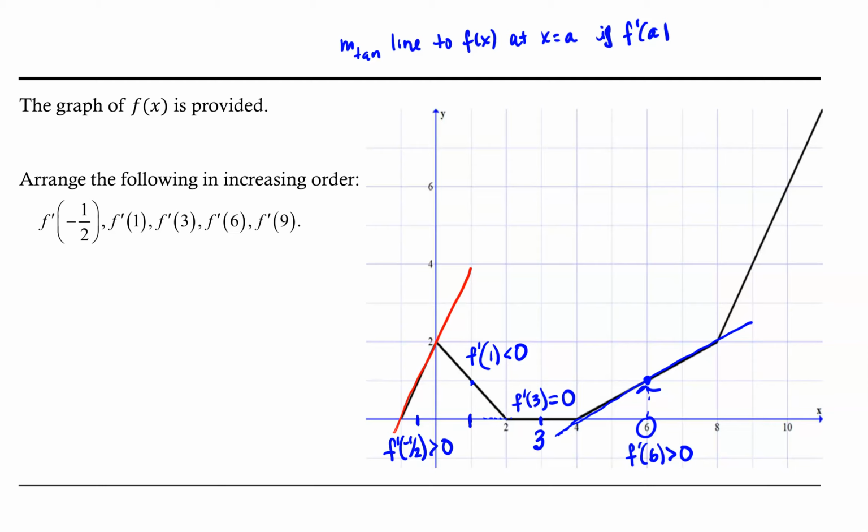Well, it appears that f prime of negative 1/2 is a steeper positive slope, meaning its value is greater. So not only can we say f prime of 6 is positive, we can also say that f prime of 6 is less than f prime of negative 1/2.